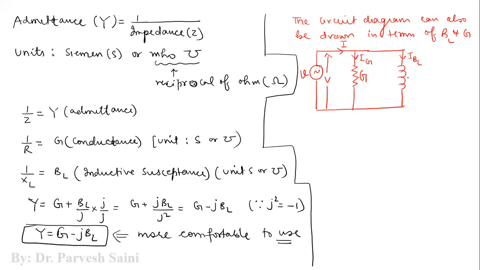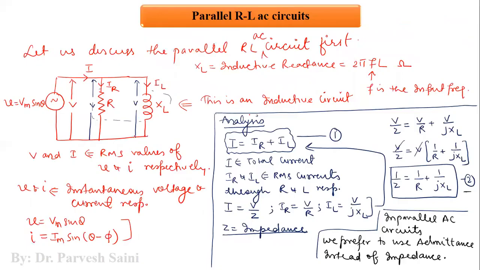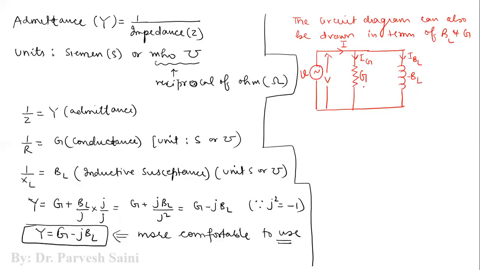So instead of writing this as XL, we will write it as minus BL, right? So this is how we can represent the given circuit diagram of parallel RL circuit in terms of the conductance and the susceptance. Now let us come to the phasor diagram.